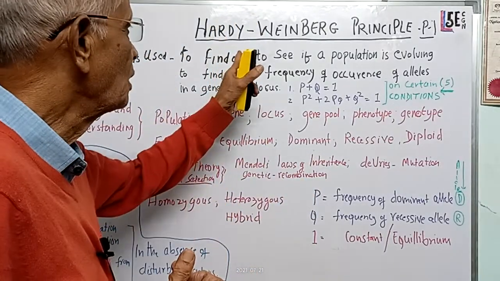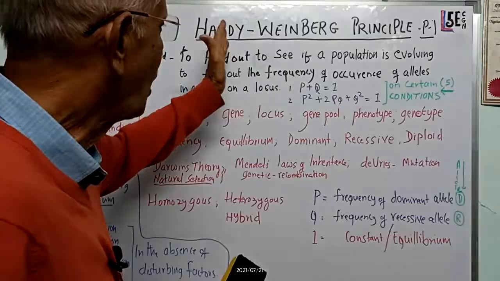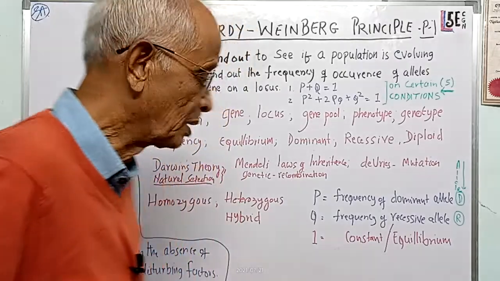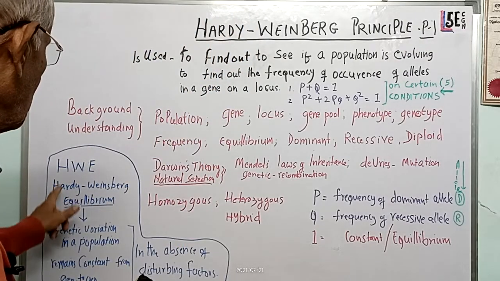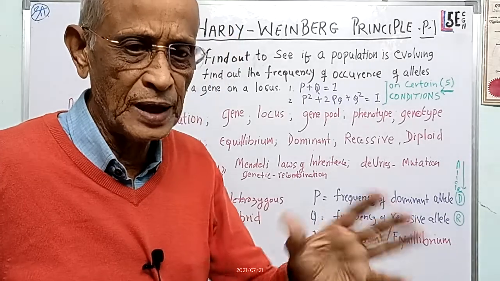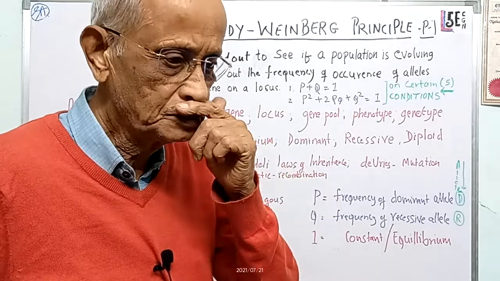What does the Hardy-Weinberg principle explain? It is known also as the Hardy-Weinberg law sometimes, and sometimes it is called Hardy-Weinberg equilibrium. So 3 different names are there, but all of them mean the same thing.